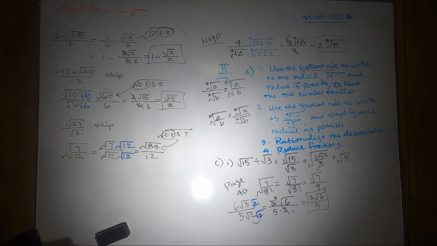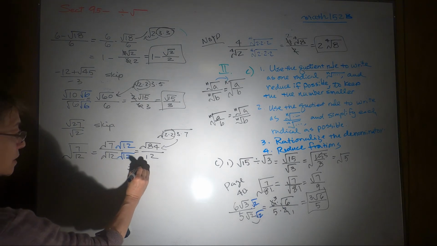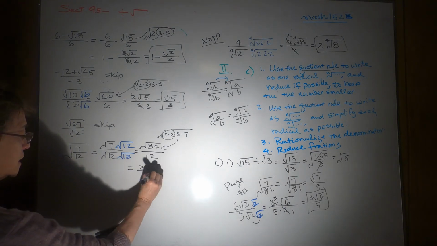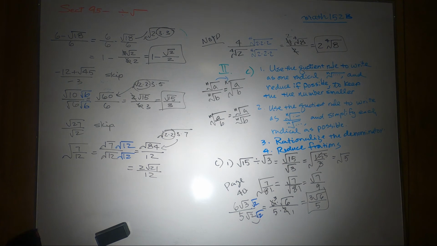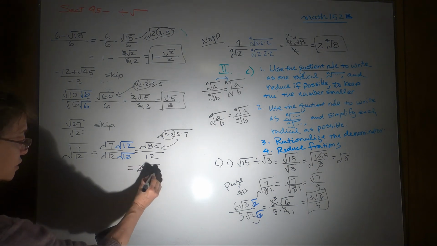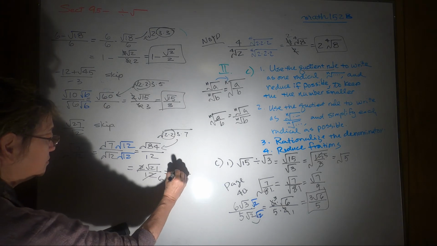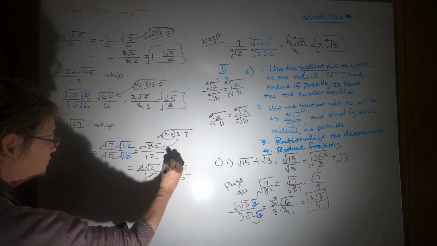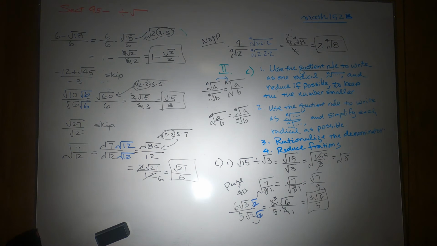Then you have to take the twin out to show the root. That would be what? 2 square root 21 over 12. Right? Then we clean up our fraction, and that would be square root 21 over 6. That would be the simplest form for a radical.